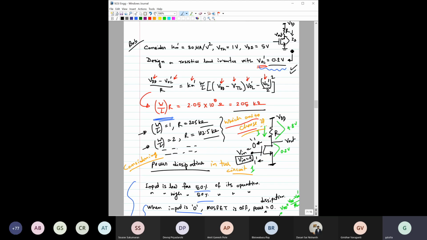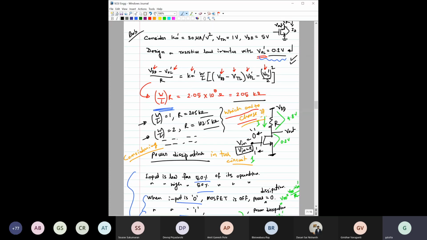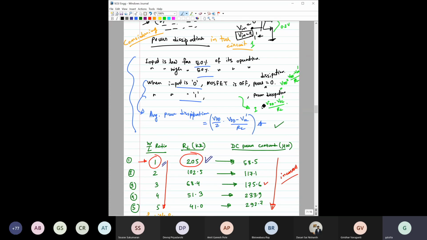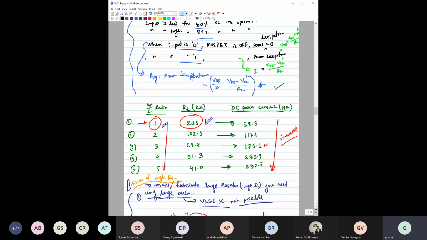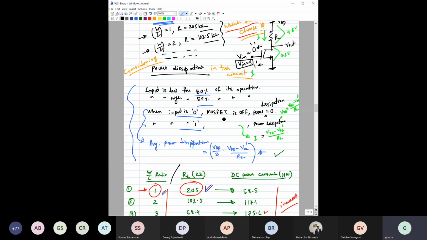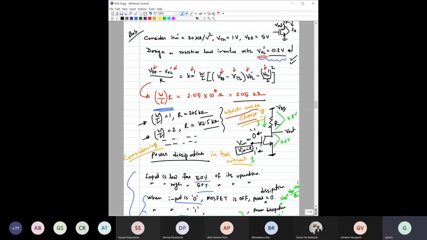Then we also did one very basic small example to understand the requirement for the W by L ratio and RL. We have seen that if you want to decrease VOL, or keep VOL to a fixed value, then how can you achieve it?